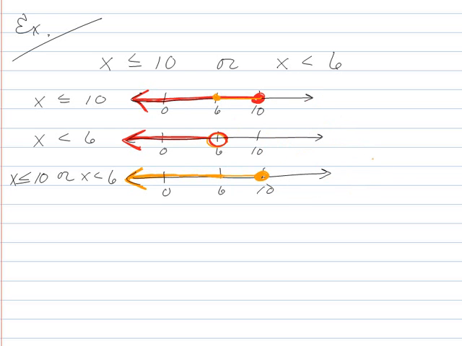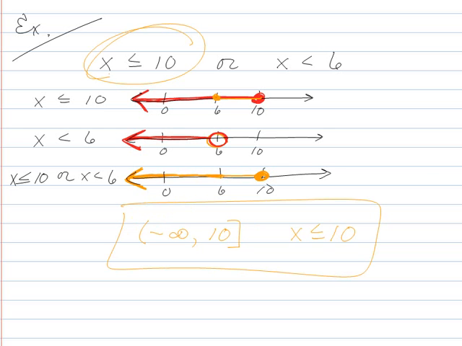So really what's happened is that in our final answer for this one, we found that the second condition was completely irrelevant. Our solution really says from negative infinity to positive 10, or that x is less than or equal to 10. So this guy was sufficient and this guy was irrelevant.